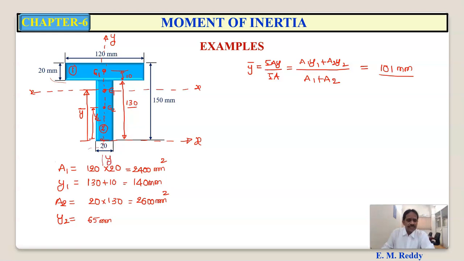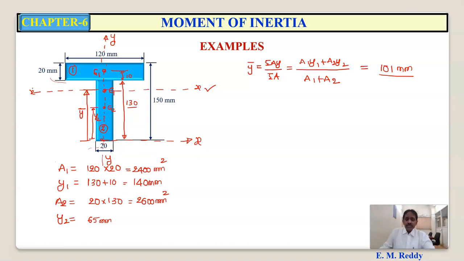So this is y-axis. And you are asked to find out the moment of inertia about the x-axis which is passing through the center of gravity. Are you getting me? Not here, the base. So you have to look at moment of inertia about this axis. Understood? Okay.